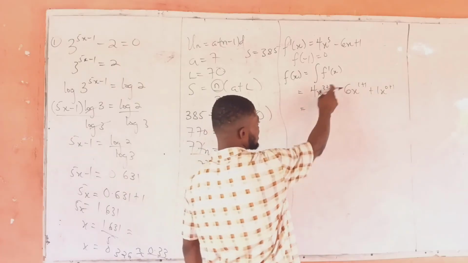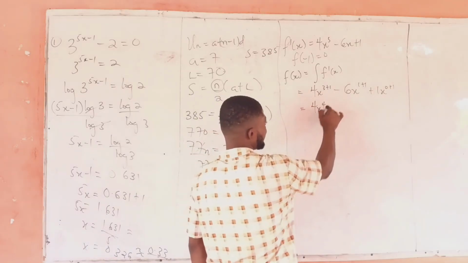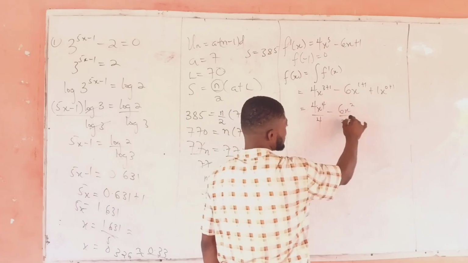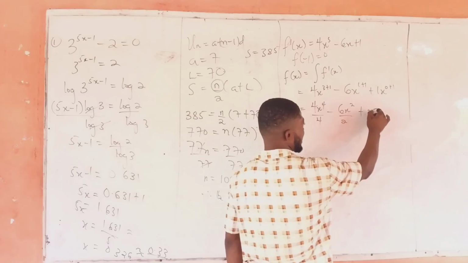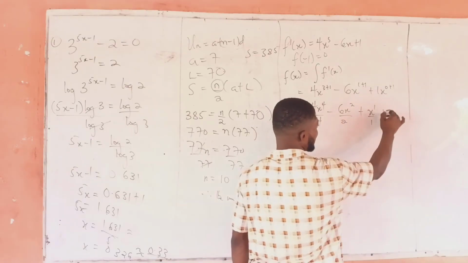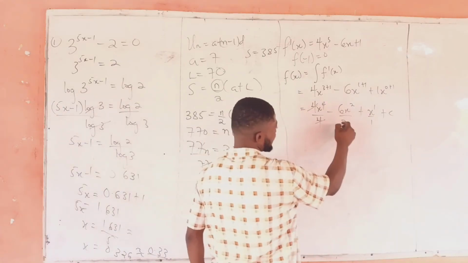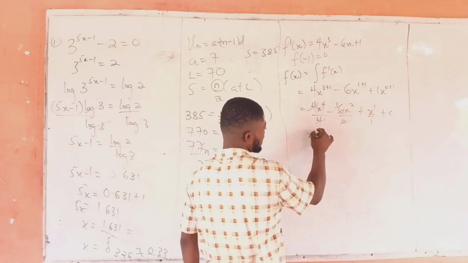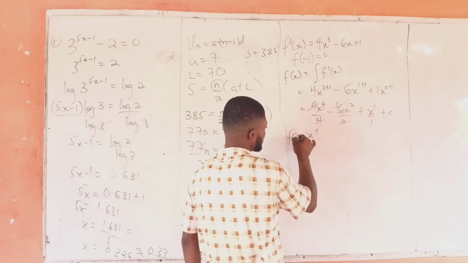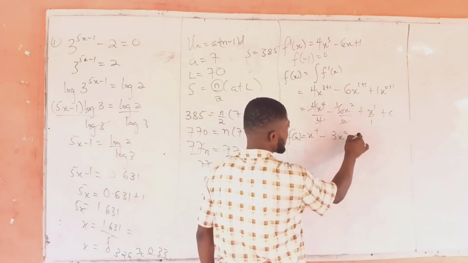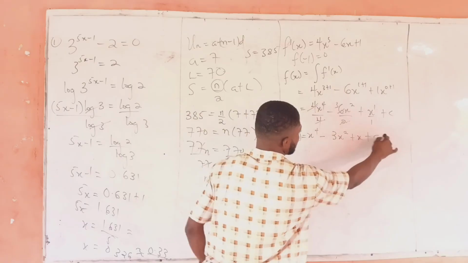So this integration is going to be 4x power 4 all over 4, minus 6x power 2 all over 2, plus x power 1 all over 1, plus c. Then from here, we do the needful: x to the power 4 minus 3x squared plus x plus c.